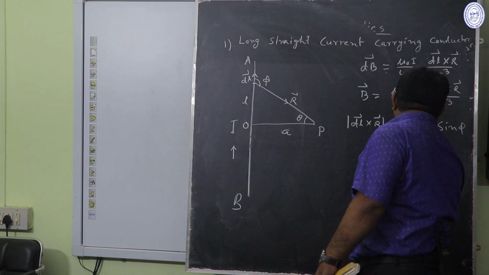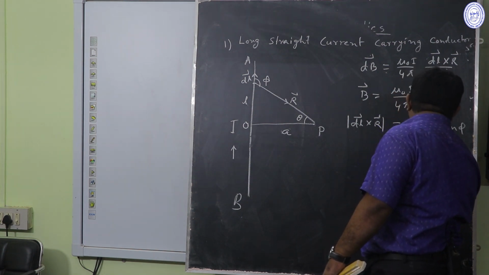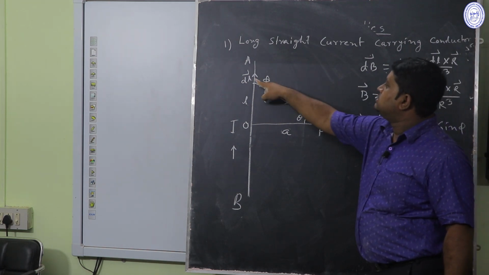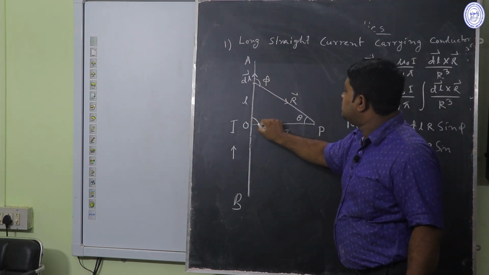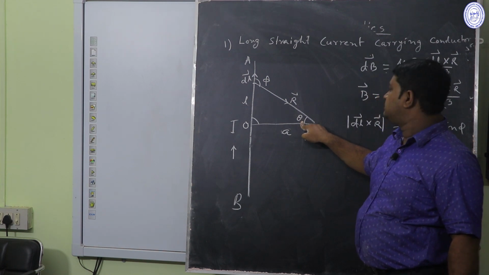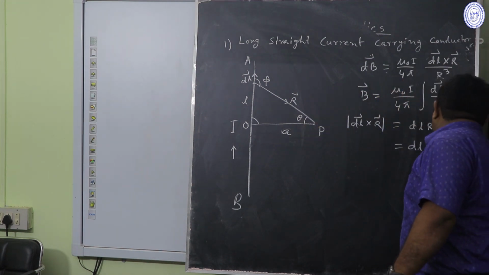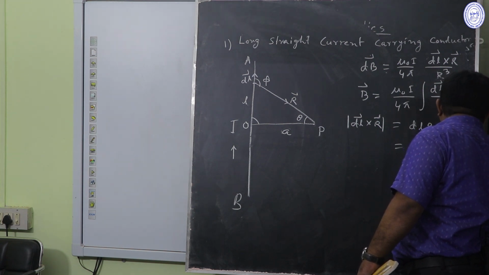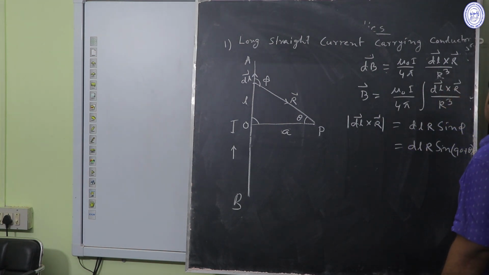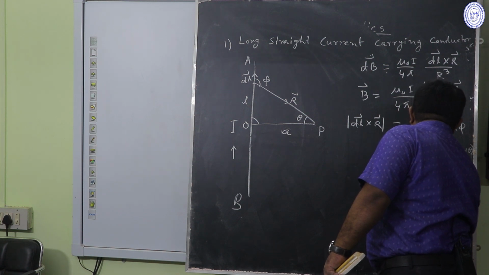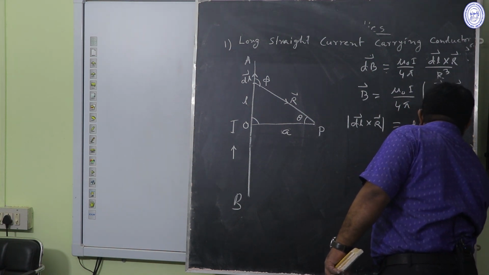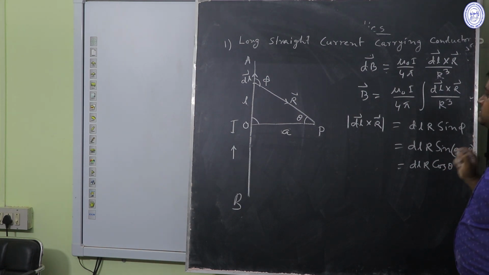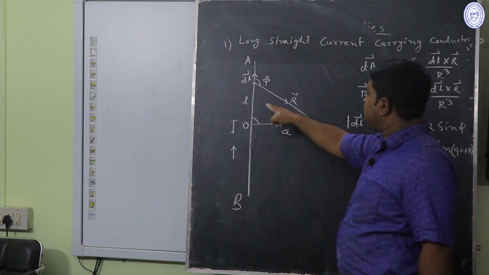So this quantity is equal to dl R sine phi. This angle is equal to 90 degree plus theta, so sine of 90 degree plus theta gives dl R cos theta.